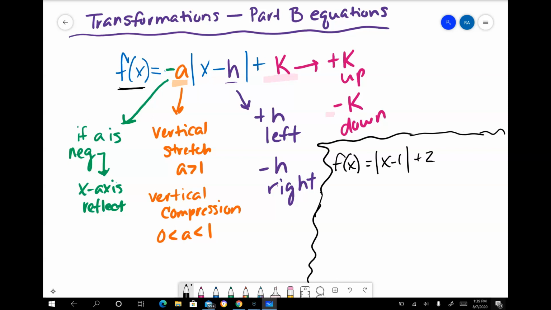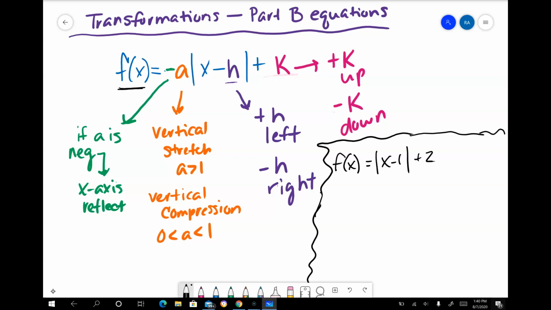I really just look at this template because sometimes you gotta look back on it. And I just read it from left to right like I do a book. Is there a negative a? No. So no x-axis reflection. Is there an a value besides 1? No, so there's not a stretch or a compression.